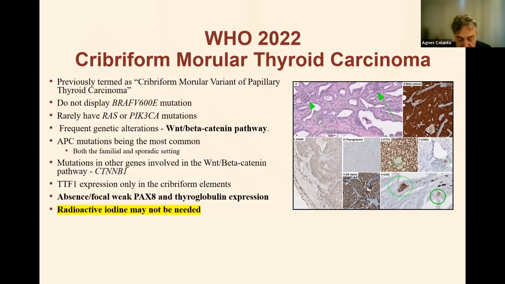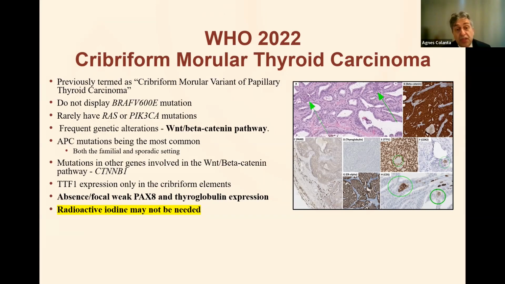Another change of clinical significance in the WHO is the one related to the entity cribriform morular variant of papillary carcinoma. So these tumors we know now do not have BRAF mutations. Rarely they have RAS or PIK3CA mutations. The main genetic problem of this tumor is a disturbance in the beta-catenin pathway.